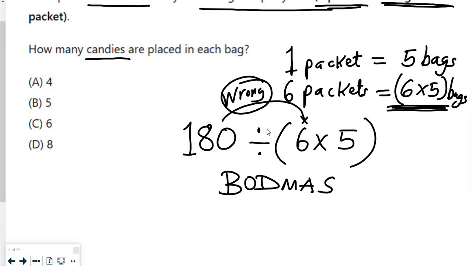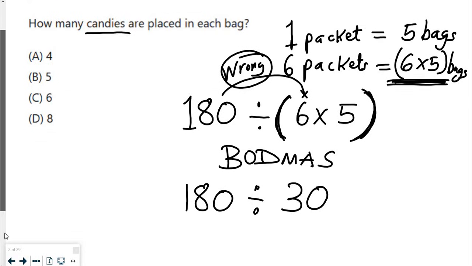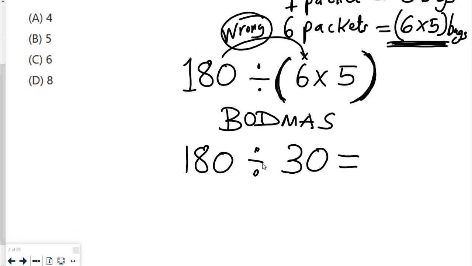Do not do 180 divided by 6, just do BODMAS. That means start with brackets first. This will be 180 divided by, work out the bracket, 6 into 5, that is 30. And then move on by putting 180 divided by 30.